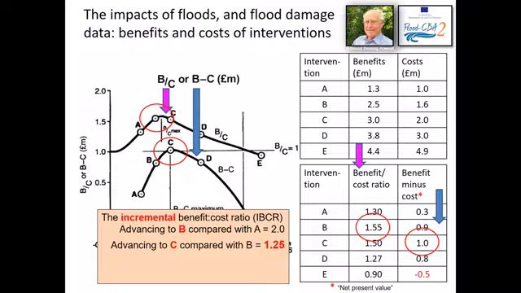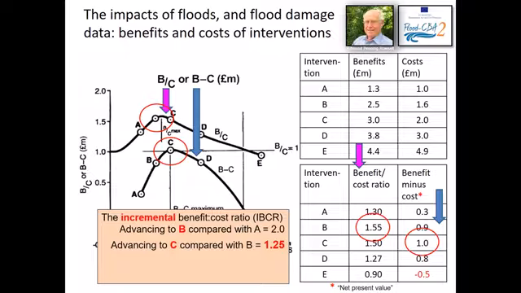In the same way, if we're not content with Scheme B, we can proceed to Scheme C, and the benefit-cost ratio is still positive at 1.25. We see a return on the extra investment of going to C rather than B, represented by that figure.